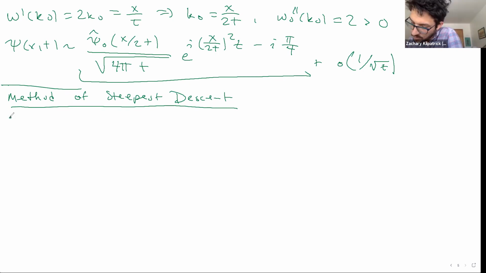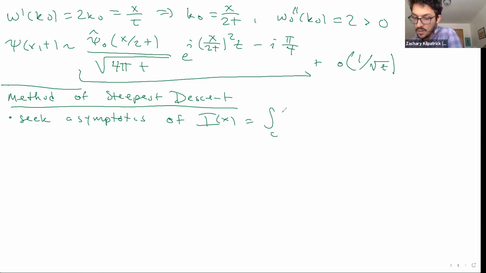So the idea with the method of steepest descent is that you want to seek asymptotics of the following type of integral: I of x is equal to some contour integral of f of t e to the x rho of t dt for some large x.